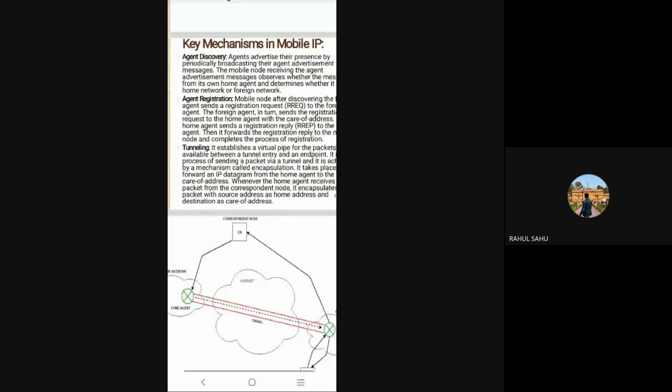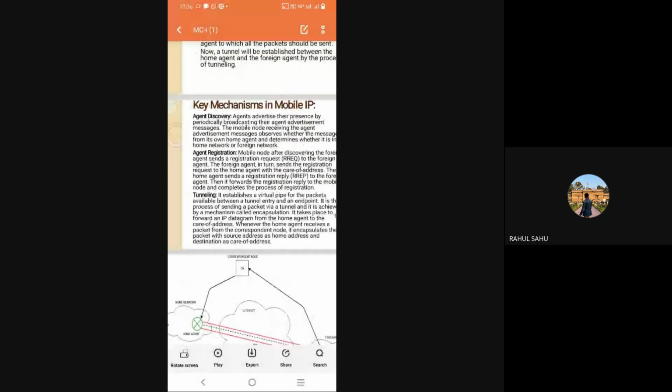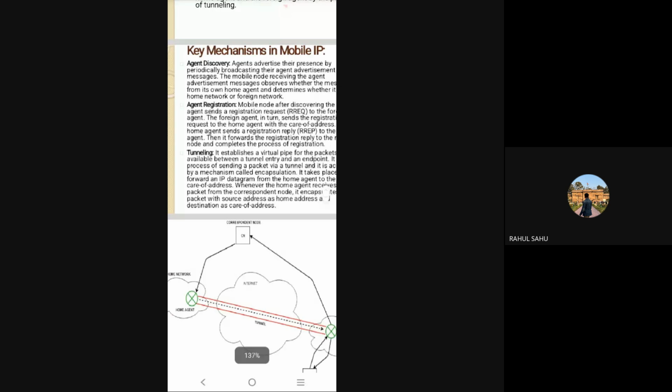So as you asked about missing data, this encapsulates it. The data, the home address and the foreign address are encapsulated: the source address, destination address, and the data. So the chance of missing the address is less or rare.